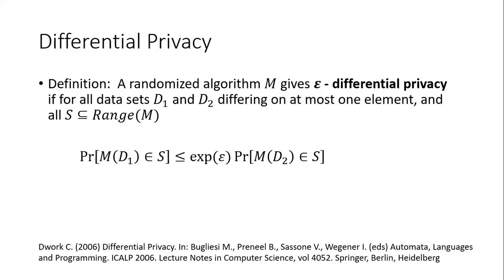So if I have databases D1 and D2 that differ on at most one element, then the probability of the output of the random algorithm on D1 being in some set S is less than or equal to e to the epsilon times the probability of the return on D2 being in S. And so here, if epsilon is a small positive number, e to the epsilon is approximately 1 plus epsilon.